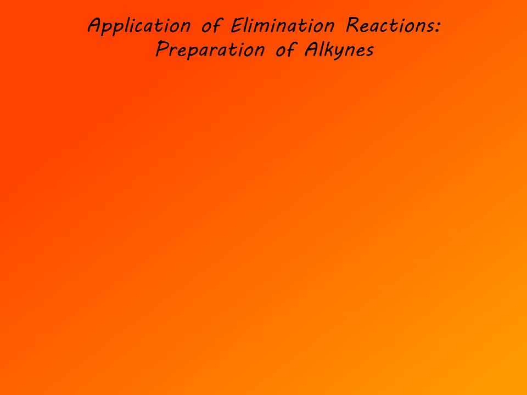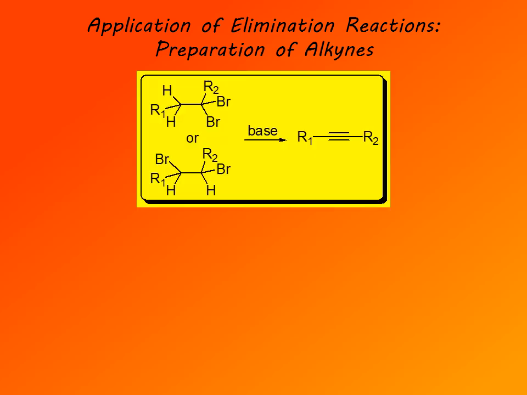And finally, we are going to look at one application of elimination reactions, and that's the preparation of alkynes. Alkynes are readily prepared by elimination of two equivalents of hydrogen halide from dihaloalkanes by a suitable base. Those halides could be geminal, as in the top example, or vicinal, as in the bottom example.